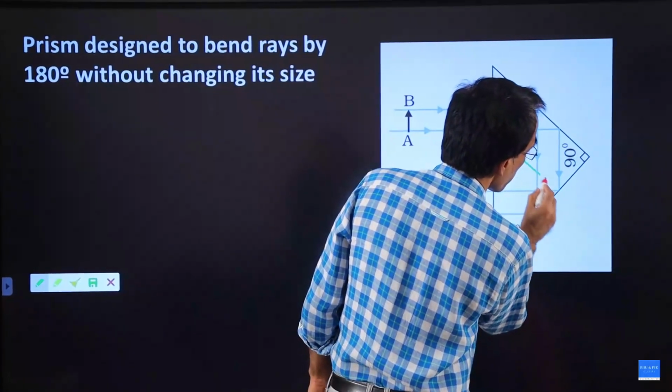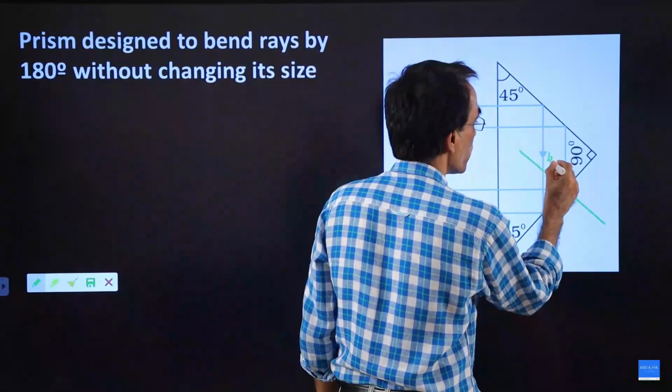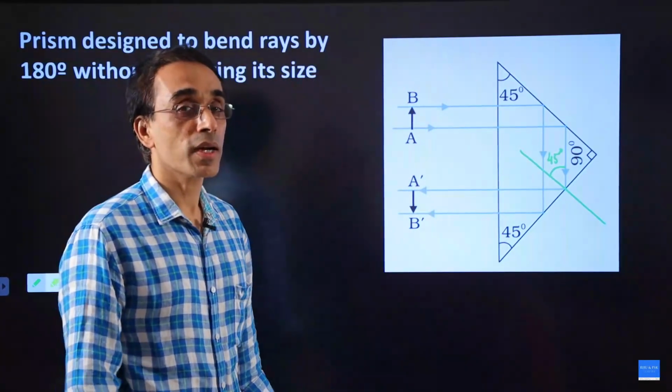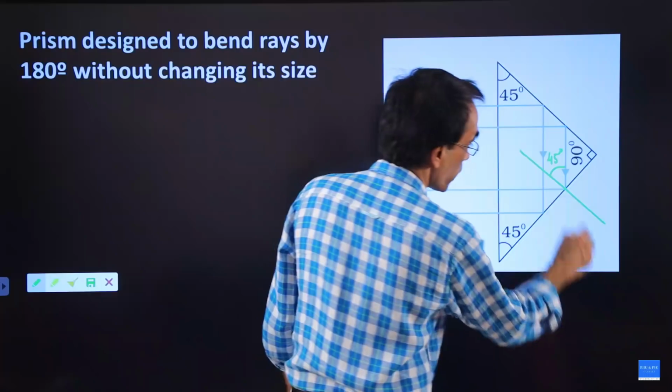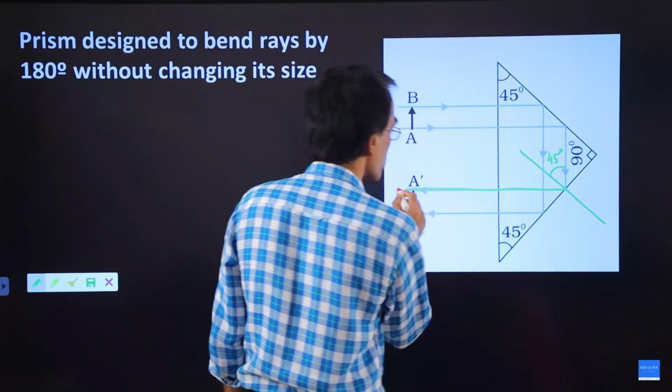You draw the normal. This light ray is incident here. This can be proved to be 45 degree, which is greater than critical angle of glass air medium. So this will not refract, it will reflect in this direction. Normal incidence, it will come out.